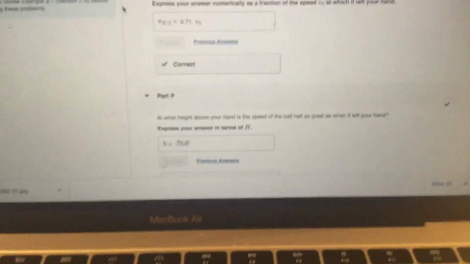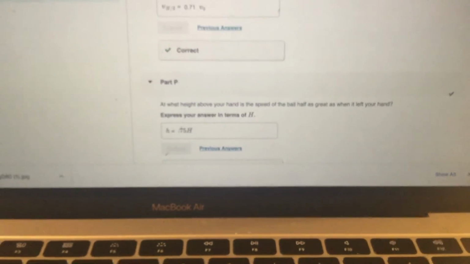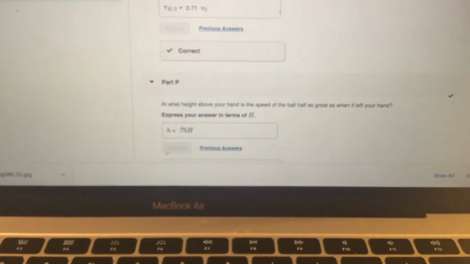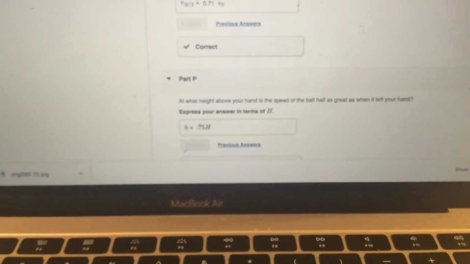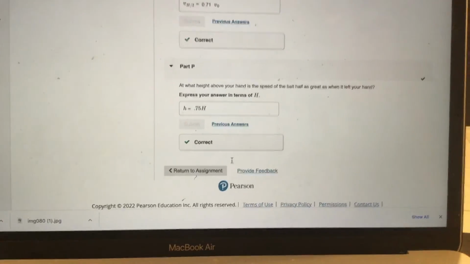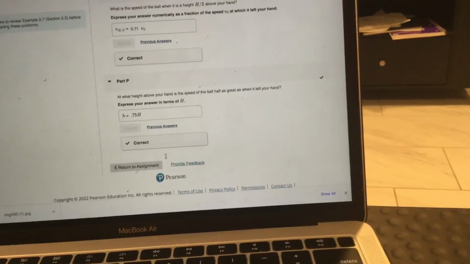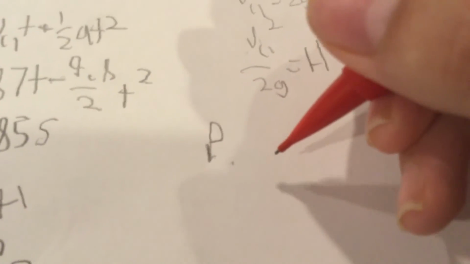Okay, we're on the final part now, part P. At what height above your hand is the speed of the ball half as great as when it left your hand? Sorry again, my video cut out once again. So here we are at part P. We're going to find the height above your hand when the speed of the ball is half as great as it was when it left your hand.